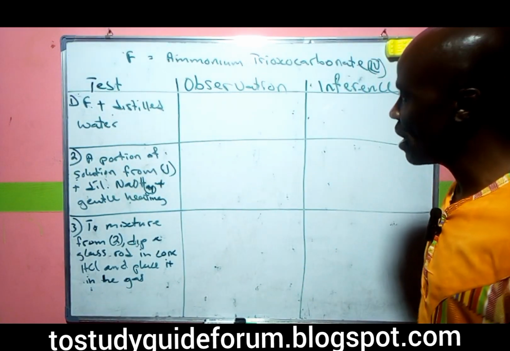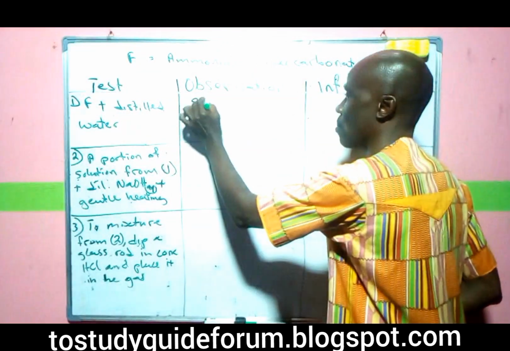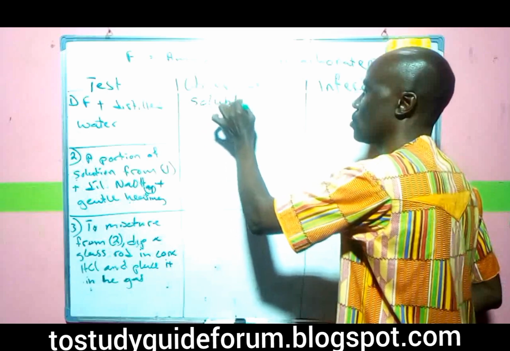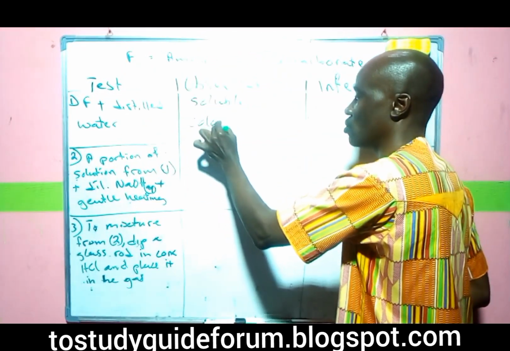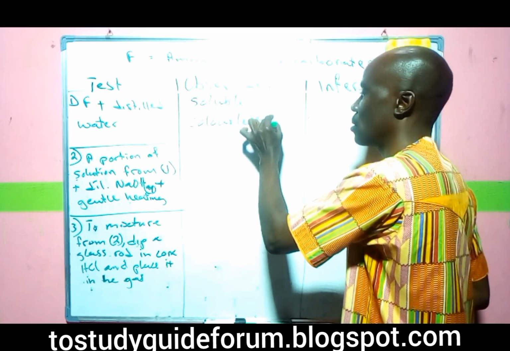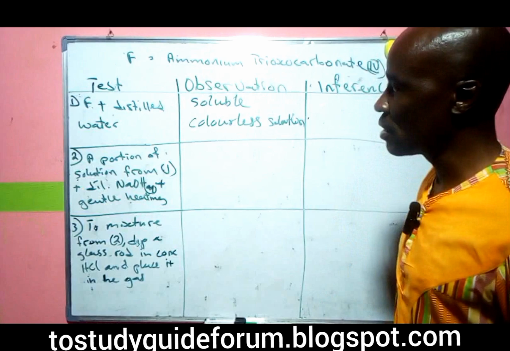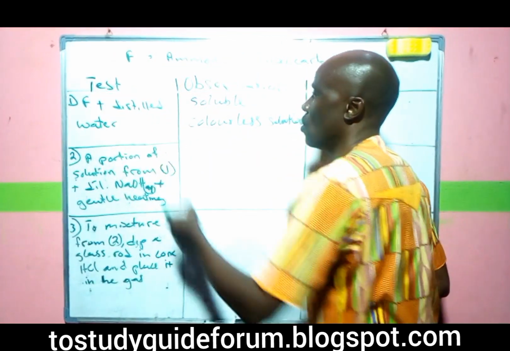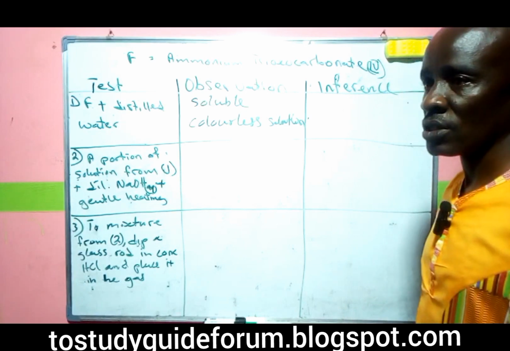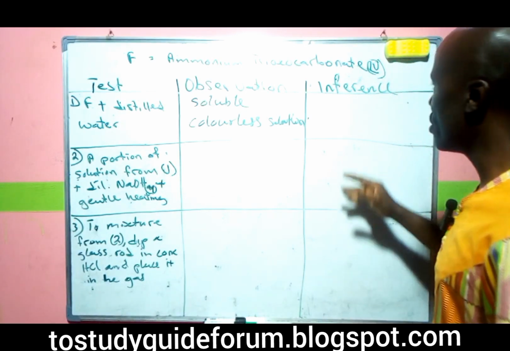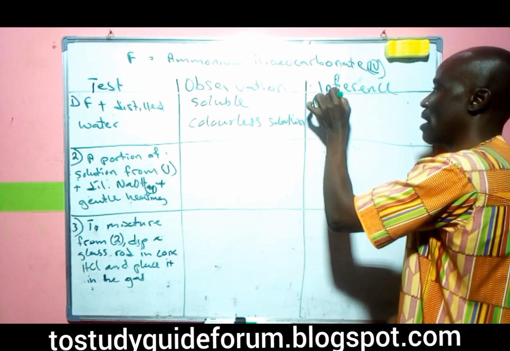its solubility. What you observe there is that it's soluble, and it is a clear solution. If it's a clear solution, and you don't really know the ions that are likely to be there in your F, then in your inference, there are some ions that can do this.